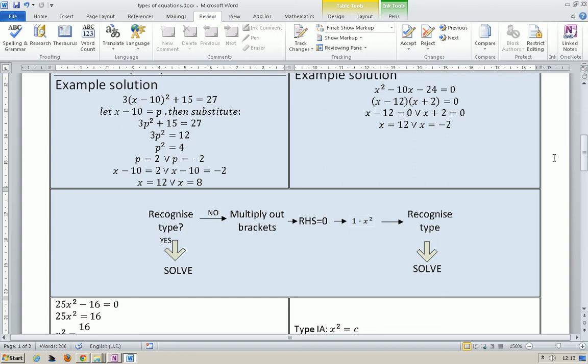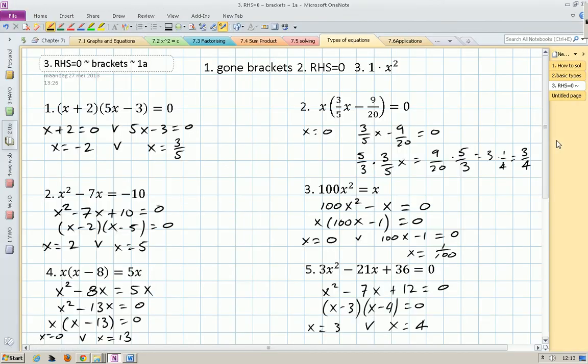You make the right-hand side equal to 0. You get rid of any number that's in front of the x squared by dividing through by that number throughout the entire equation, and then you try again to recognize the type. And that is how to solve really any kind of quadratic equation.